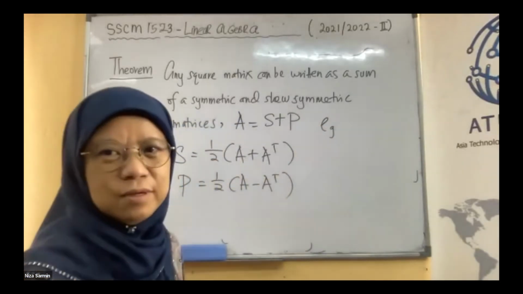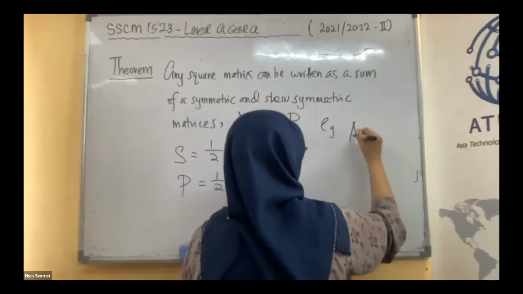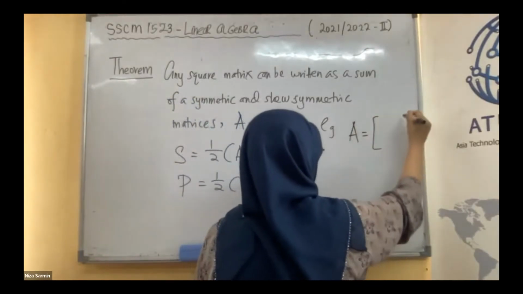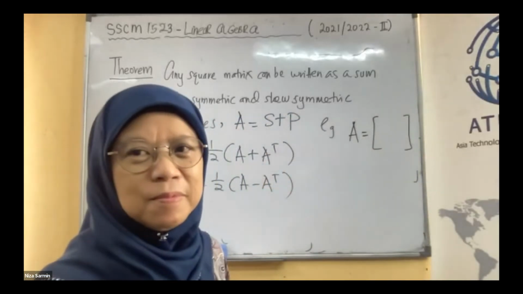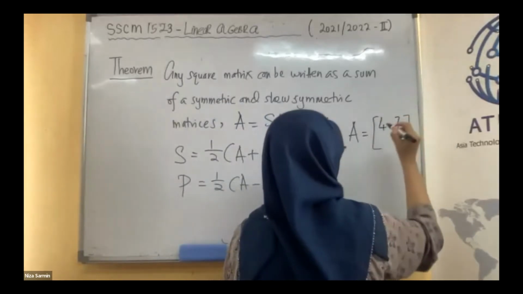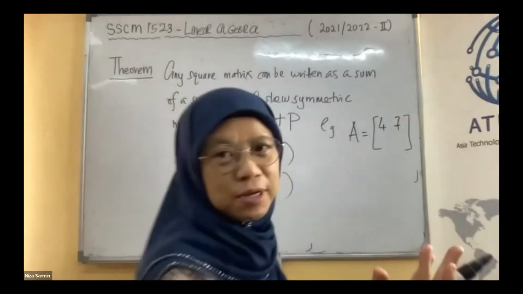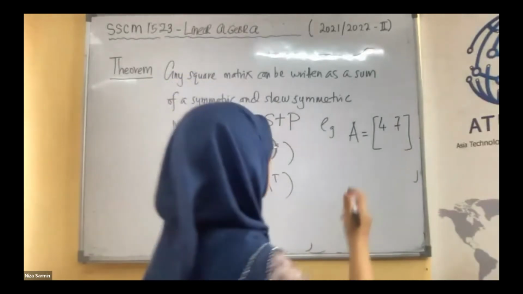Yusuf, you like to talk, right? Give me a square matrix, 2 by 2. Let's go with 4, 7, 7, 4. Doesn't have to be symmetric. Okay, then 1, 2.